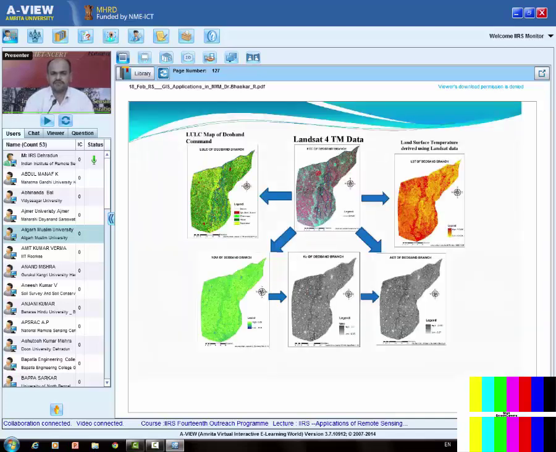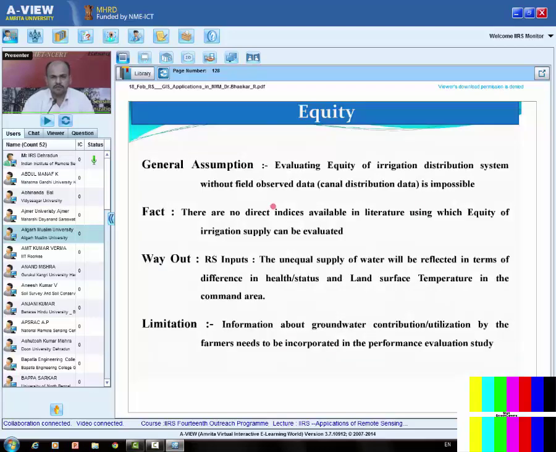This is a branch command, and using the Landsat data, we have mapped the land use, the land surface temperature, and the vegetation index, because we know that if the water is being distributed equitably, the vegetation index value of a particular crop in the entire command should be the same.